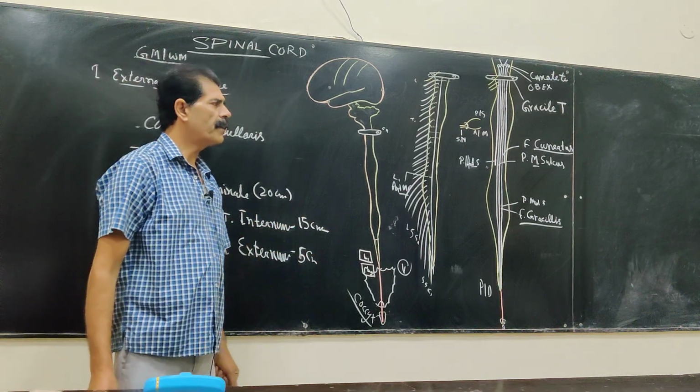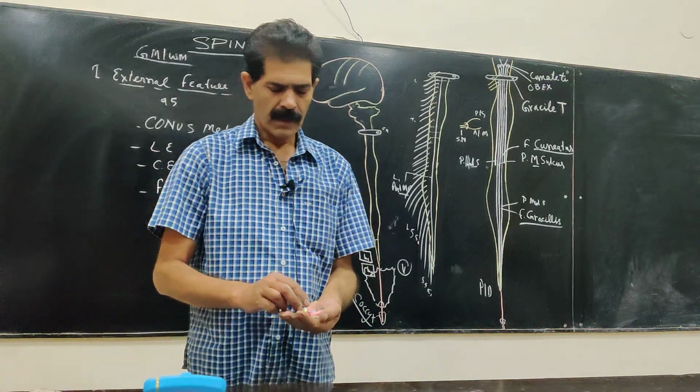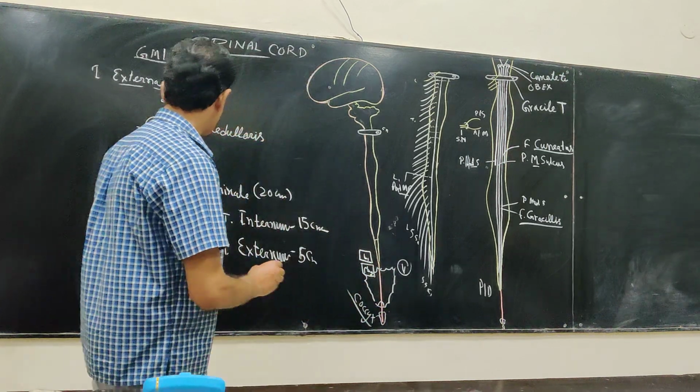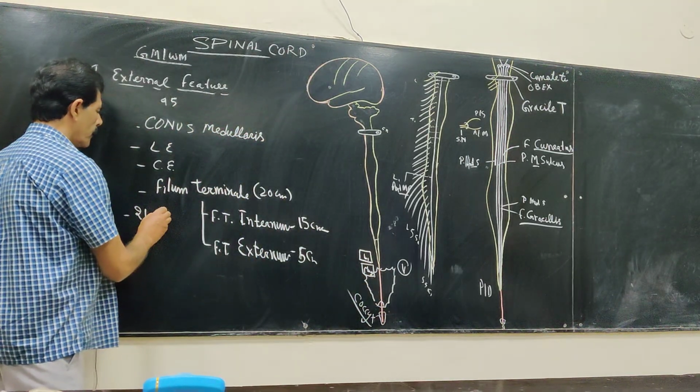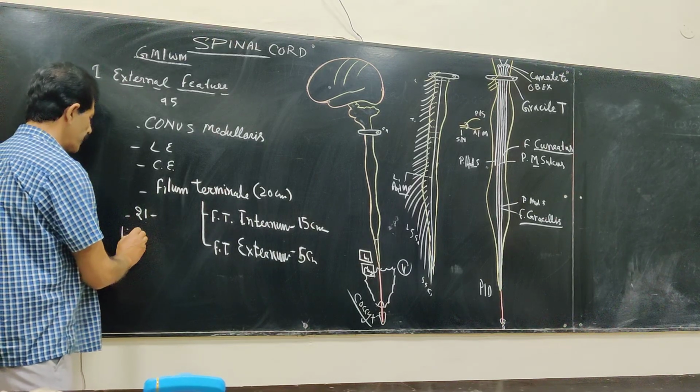Then this filum terminale, this pia mater, is also attached with 21 pairs of pia mater extensions which are called tooth-like. They are called the ligamentum denticulatum.